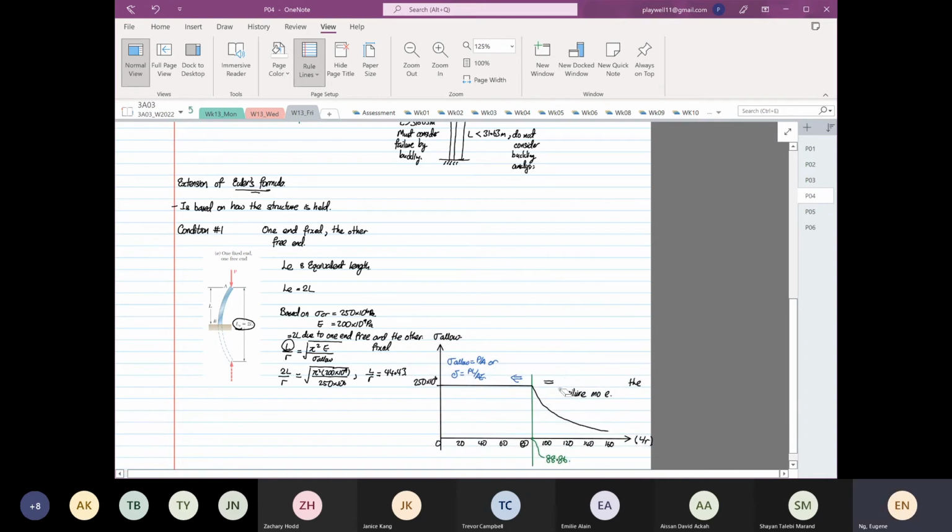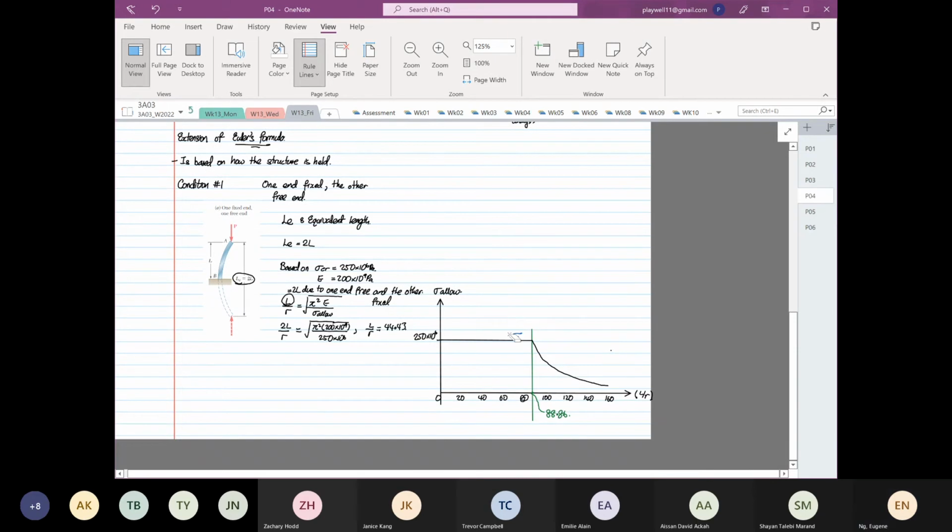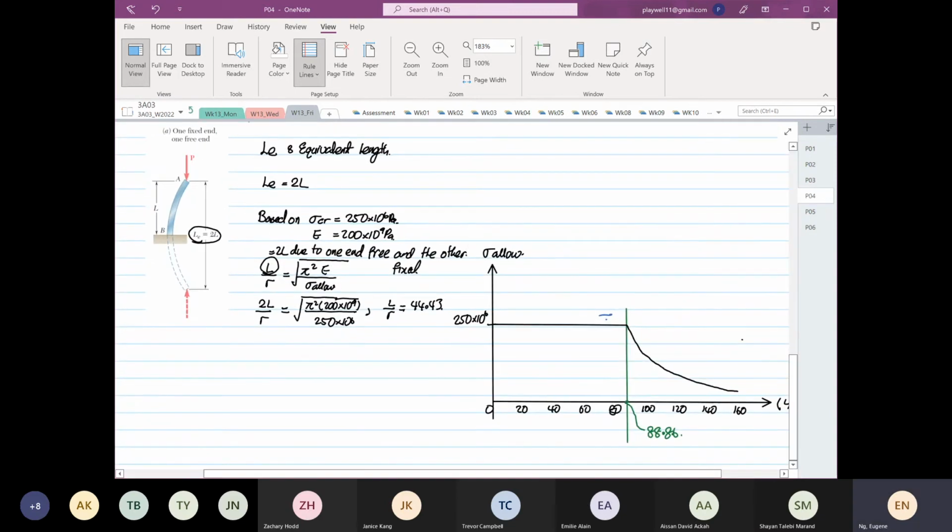So physically, what does it mean? Now, based on how it's fixed, the L over R ratio is equal to 44.43.